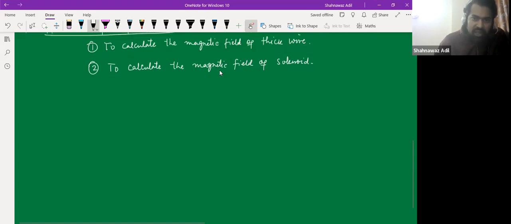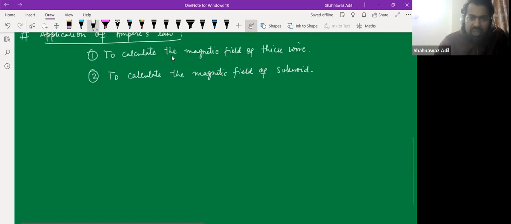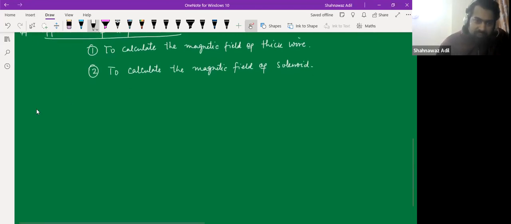Let us understand how we calculate the magnetic field of a thick wire using Ampere's law. This is very important.